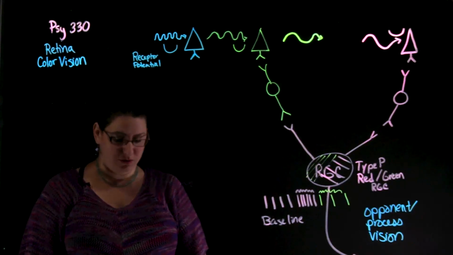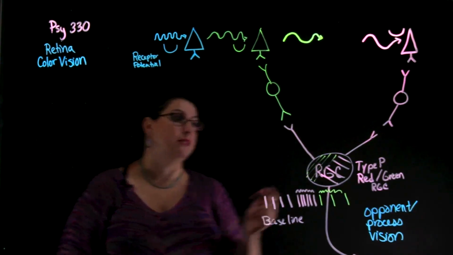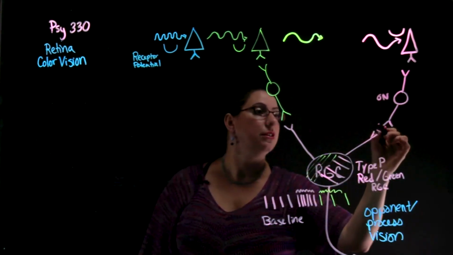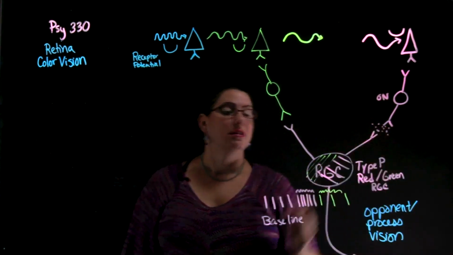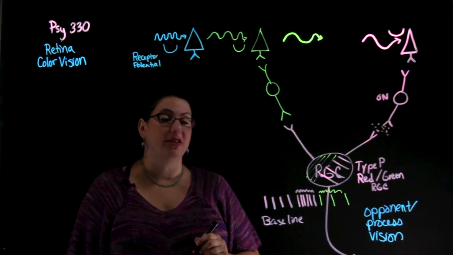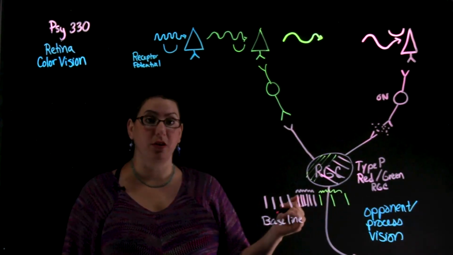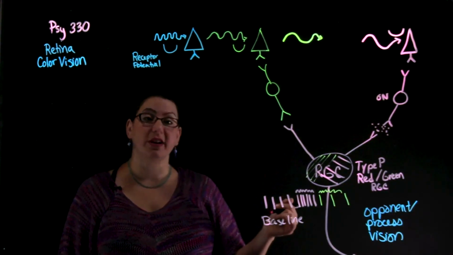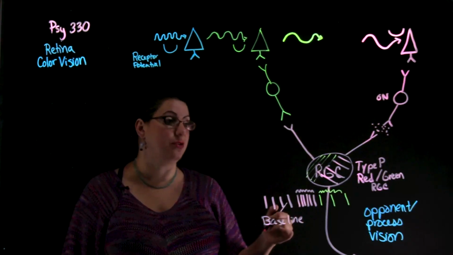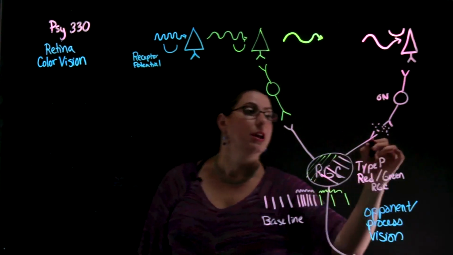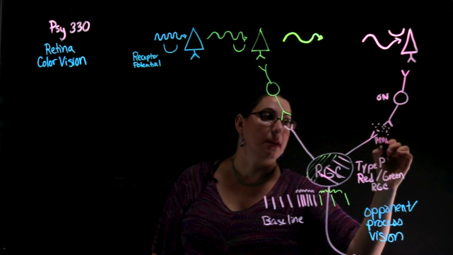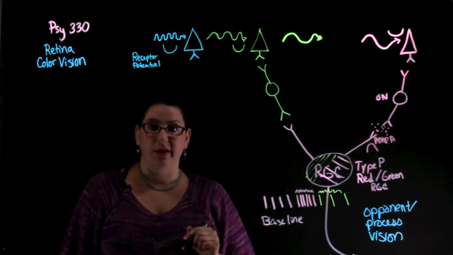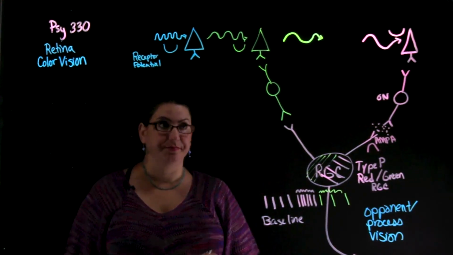The red cone, via an on bipolar cell, means that the on bipolar cell is going to be in a relatively depolarized state when red light is present, and therefore it's going to be releasing glutamate onto the red-green retinal ganglion cell, where it will bind to AMPA receptors and cause an EPSP, increasing the firing rate of the red-green ganglion cell.